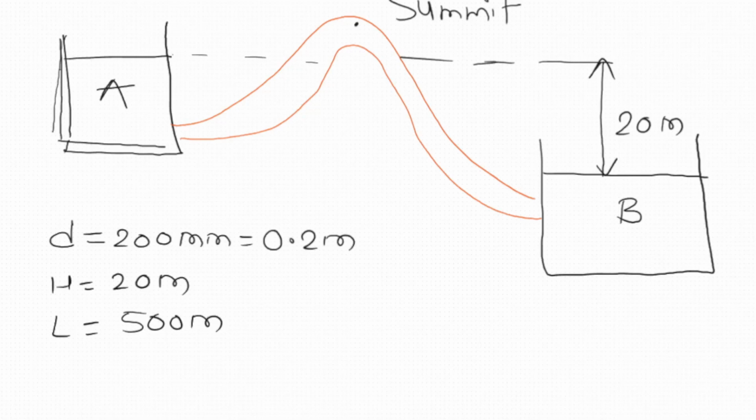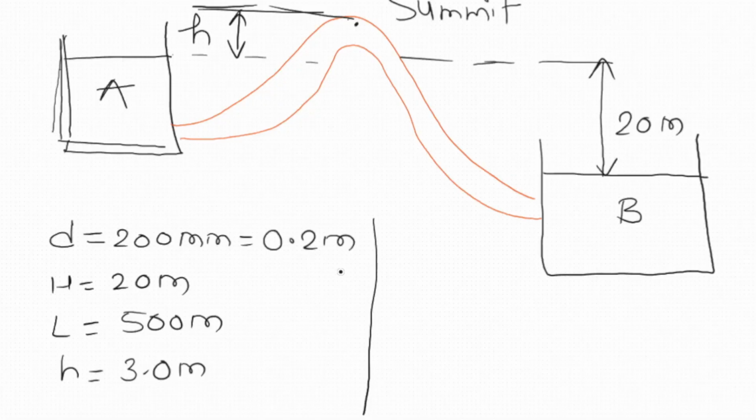Now, what else is given in the numerical? The height of the summit from the upper reservoir. This distance is given, which we say small h. Small h is equal to 3.0 meters. Also, the length of the pipe from the upper reservoir to the summit of the siphon is given.